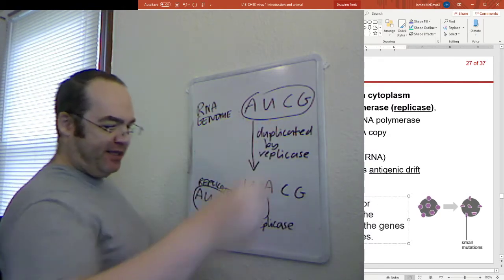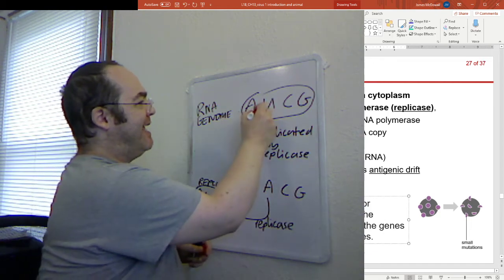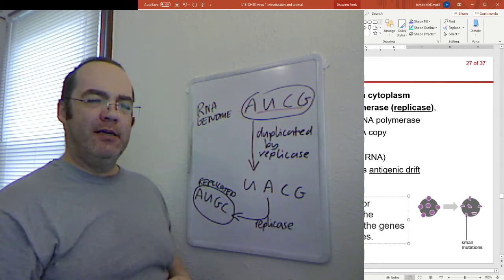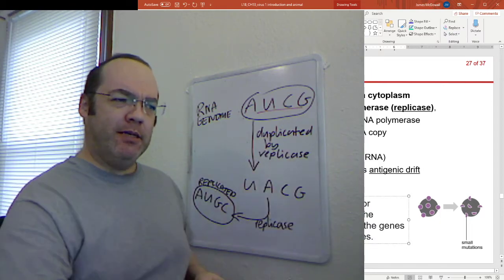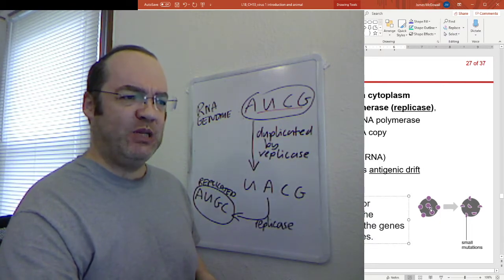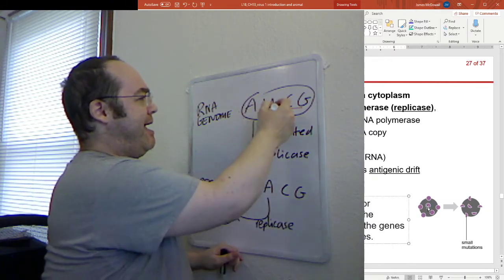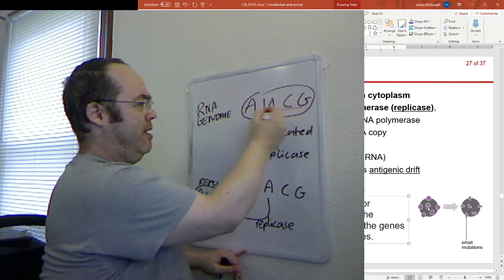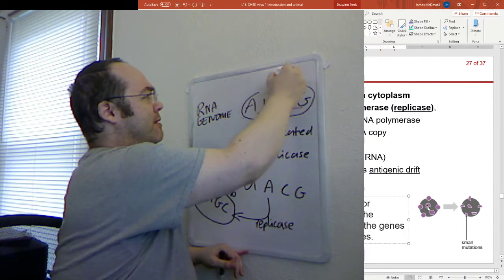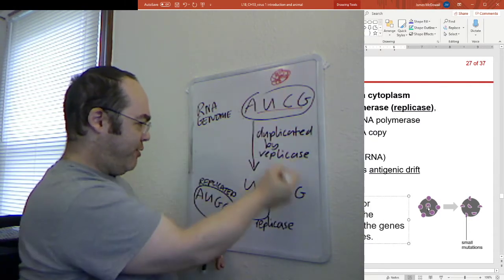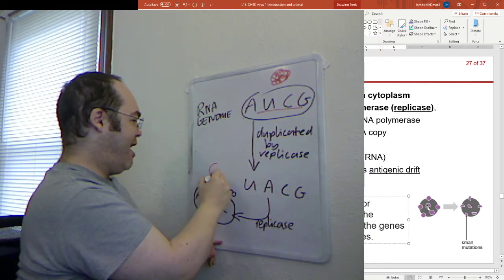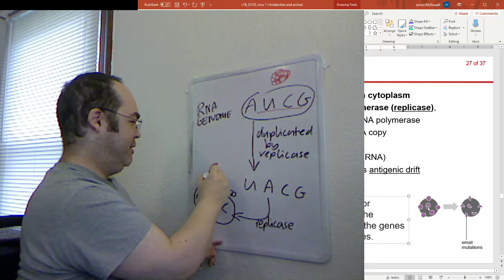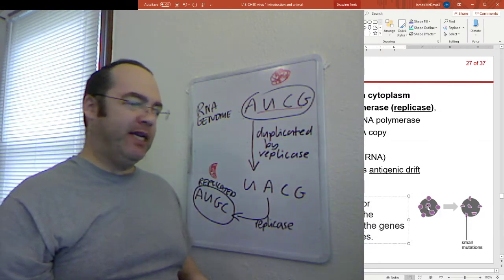If this was a segment of a gene, and this gene built a circular spike protein, through the mistakes made by replicase we now build a different shape of spike protein.